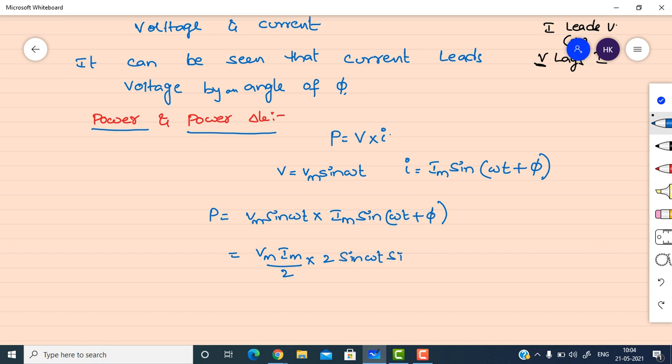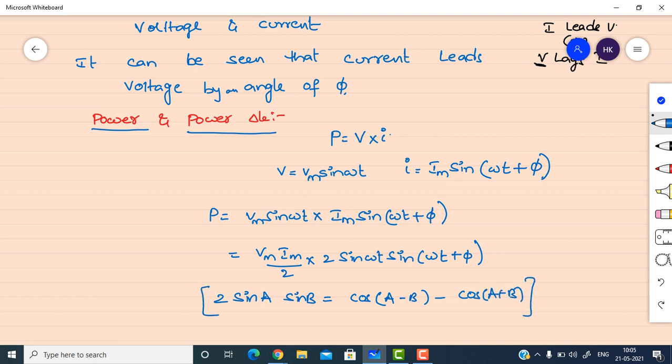Again we will get 2 sin A sin B. What is the formula for 2 sin A sin B? Cos A minus B minus cos A plus B. This is the formula for 2 sin A sin B. Substitute this formula in that.